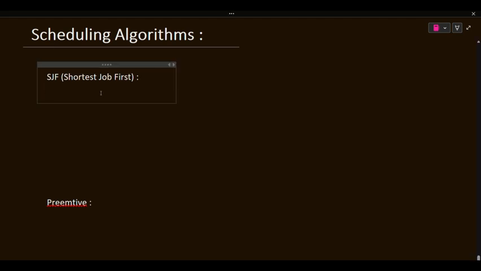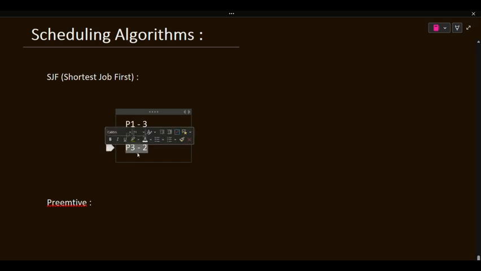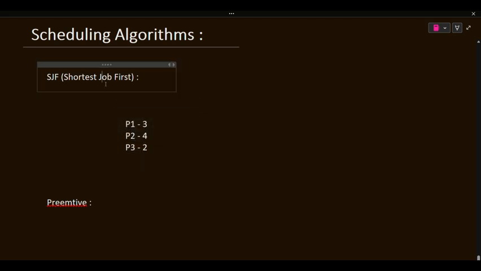For example, if we have three processes, P1 with burst time 3, P2 with burst time 4 and P3 with burst time 2, then the CPU will schedule process number 3 first. Then it will continue its execution with process number 1 and then process number 2.